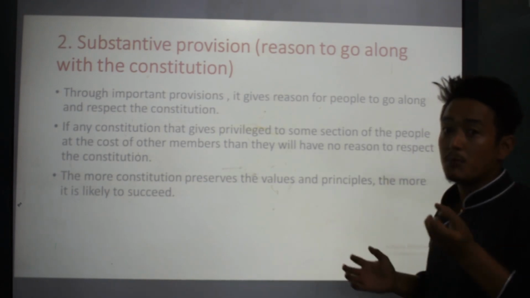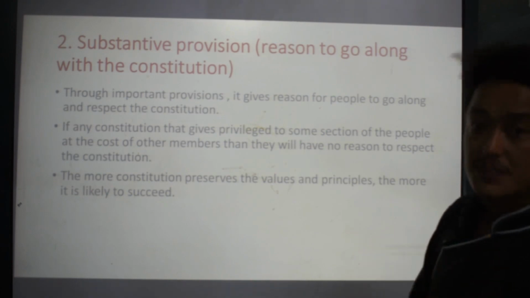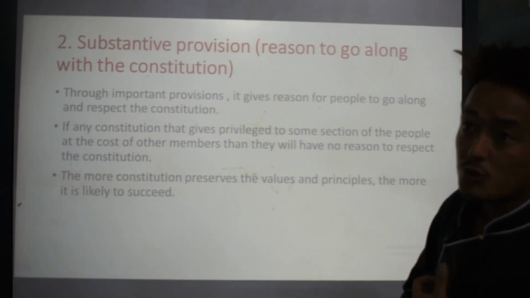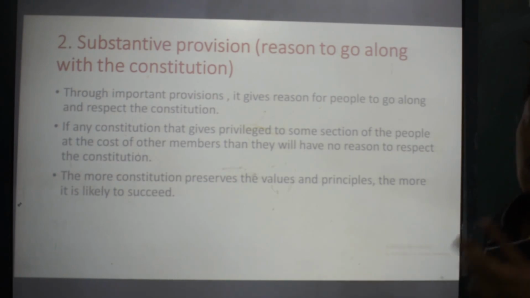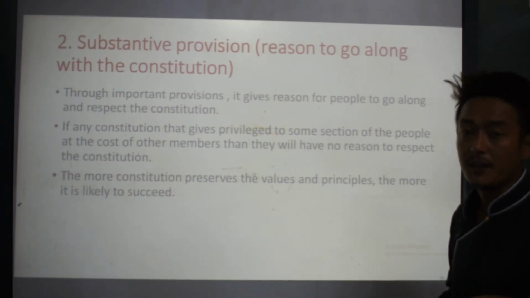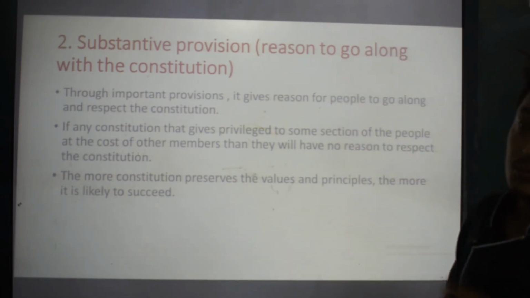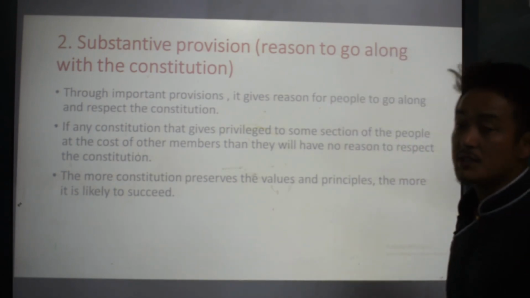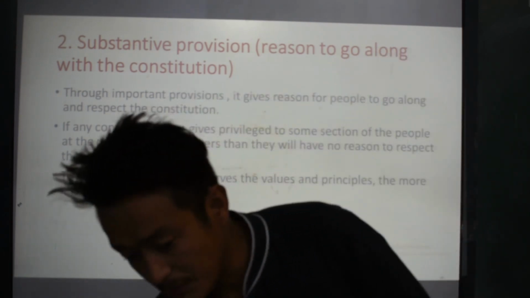These are some of the important principles and values which the constitution has to preserve or uphold in society, so that poor people will not suffer at the hands of the higher classes of people.